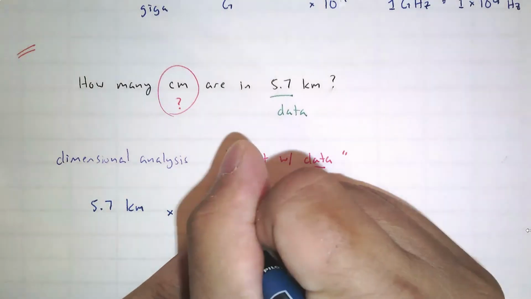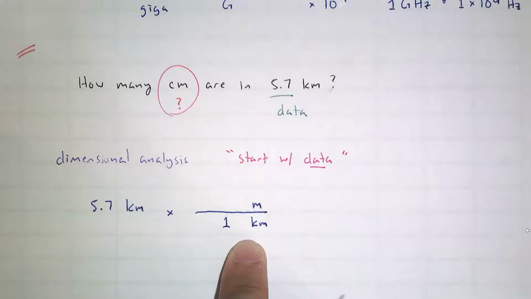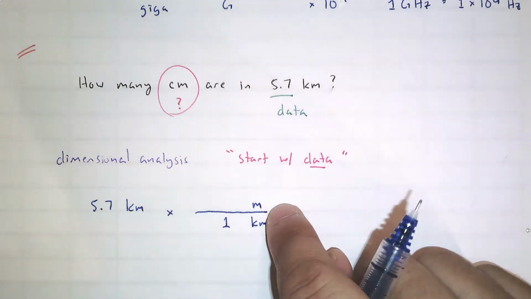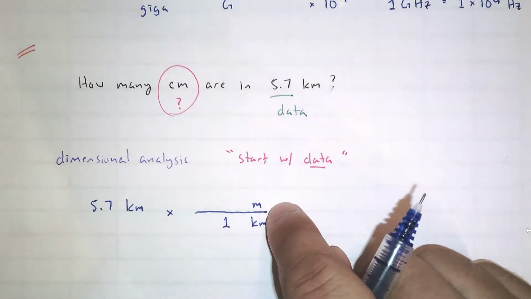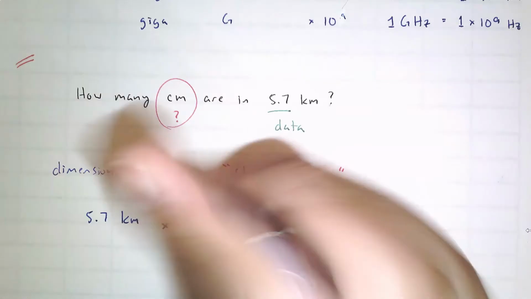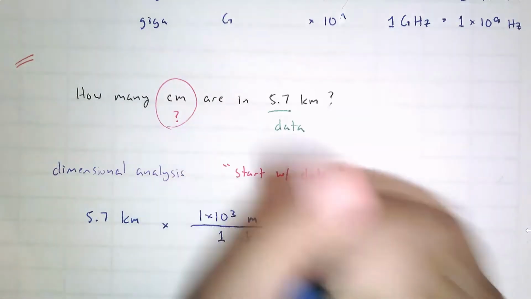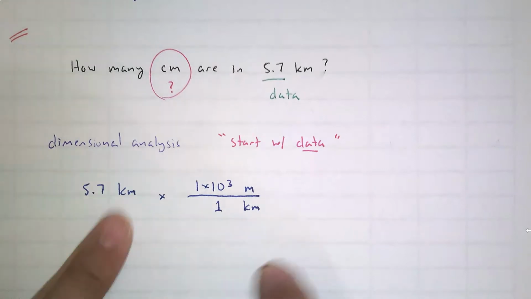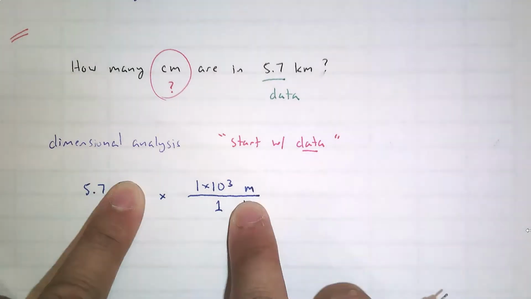It should be automatic that I'll put a 1 here with the prefix. In terms of the base, we'll consider the meters as the base. Kilometers is 1 times 10 to the 3. And that's how you would use exponential notation. When you multiply these two values, you get rid of the km.